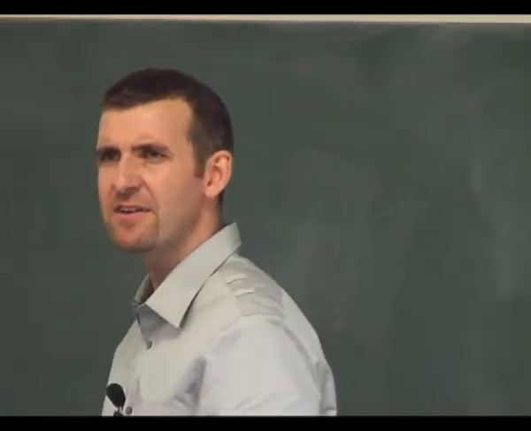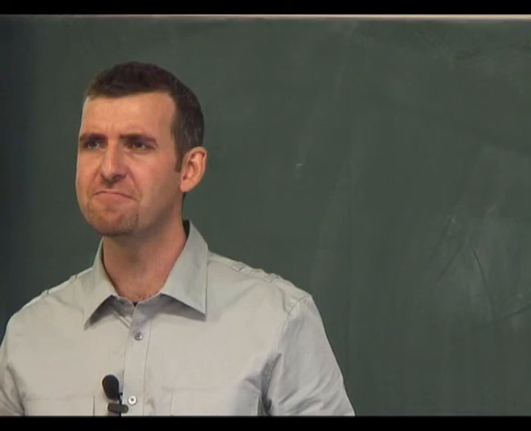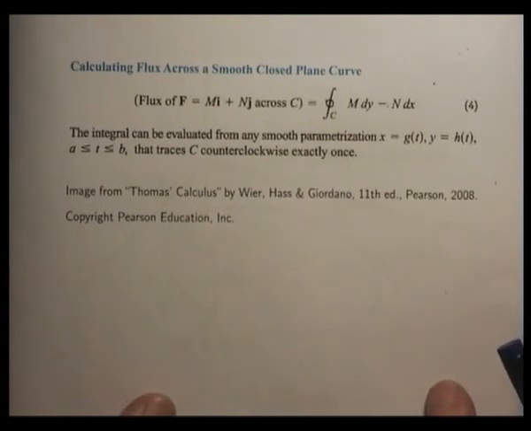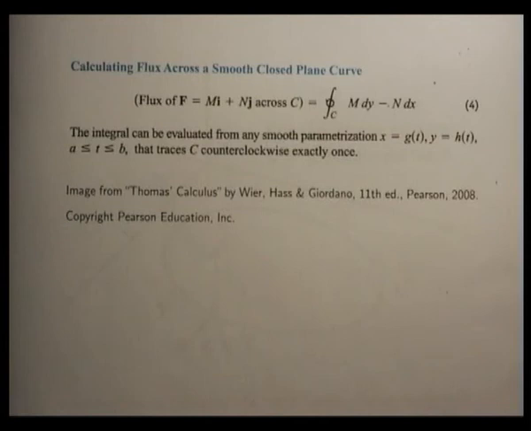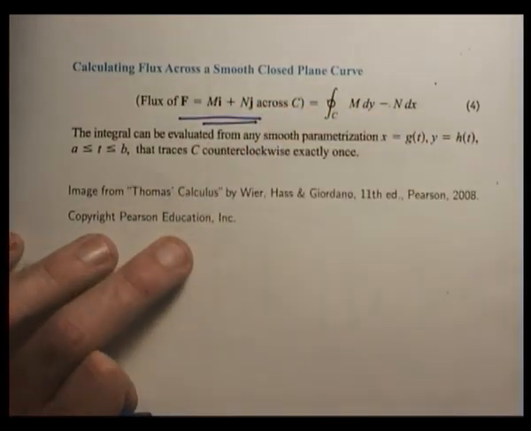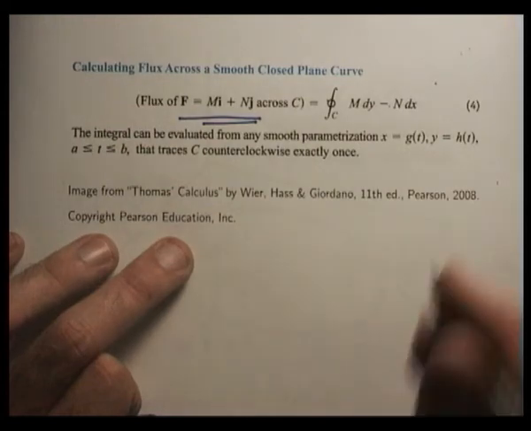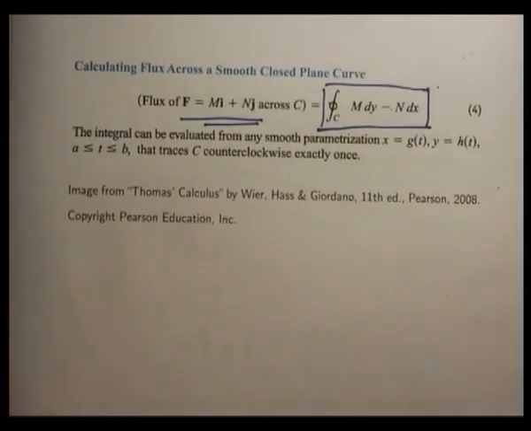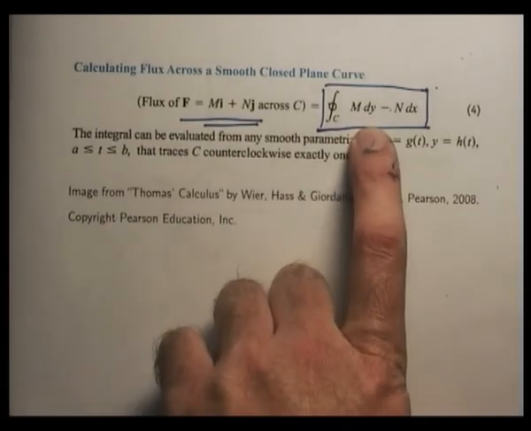So you may think, hang on, that was a lot of work. I don't want to do that much work if possible. And the nice thing about this next result is that you could write the previous path integral of F dotted with the unit outward pointing normal in the following form. If F equals M i plus N j, where M and N are functions, then the flux is given by this particular line integral.